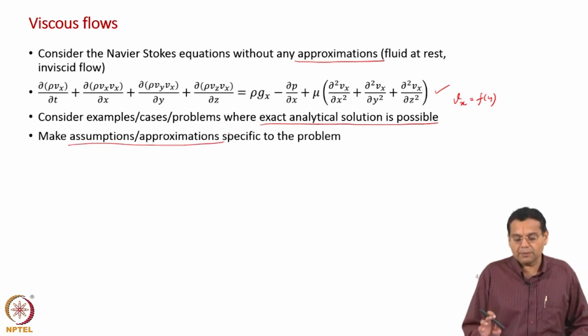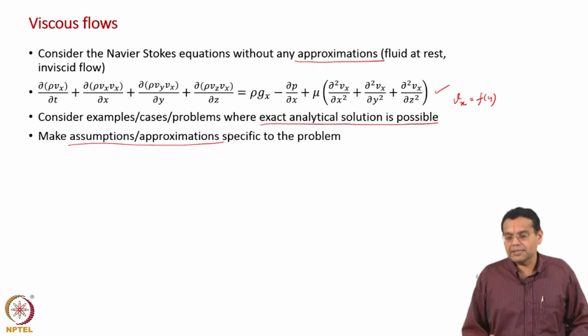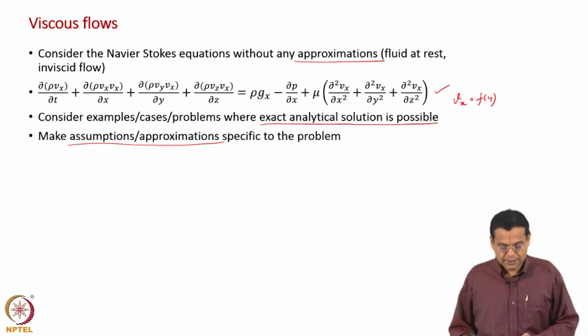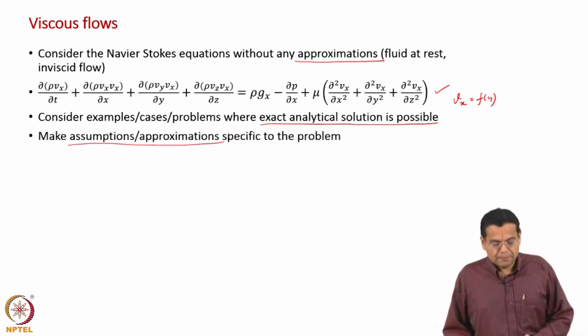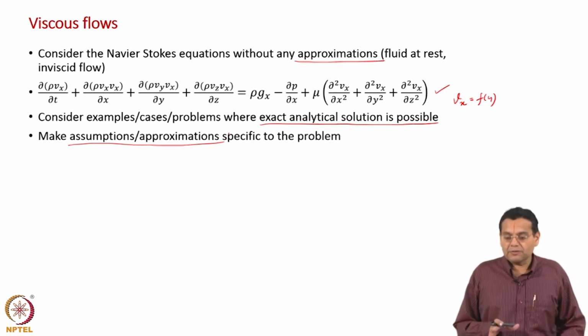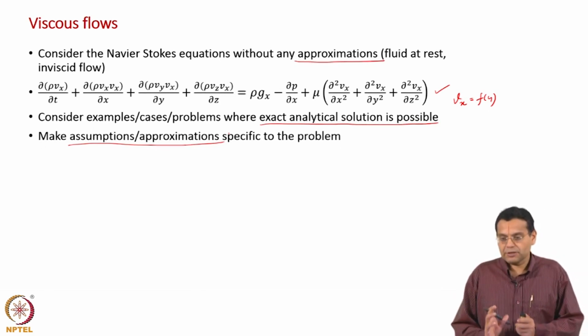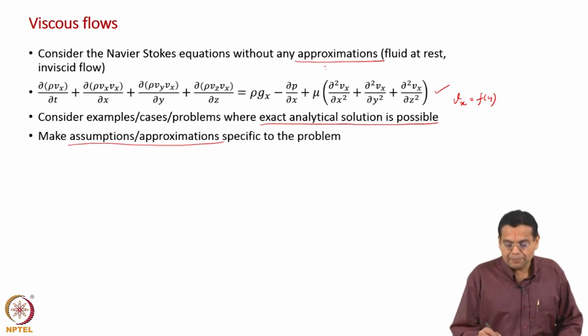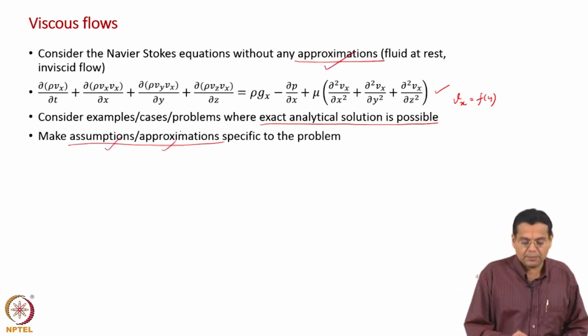Given a particular problem, a particular geometry, for that particular example we will make approximations and assumptions, which we will understand as we go along. So, though we take the entire Navier-Stokes equation, the assumptions are not for a whole class, but specific to the problem. That is the difference between this approximation and that one.